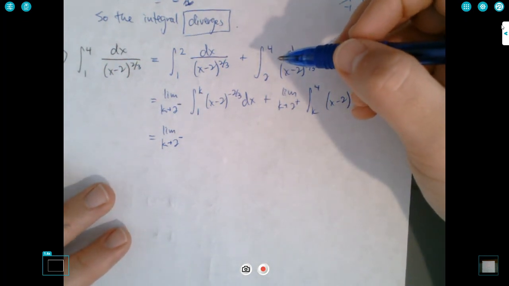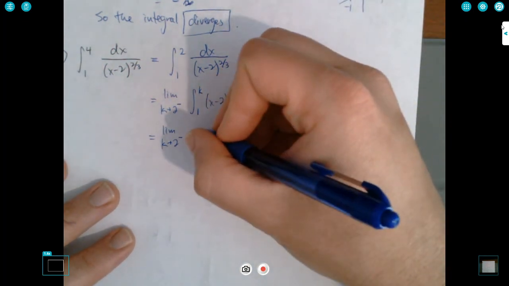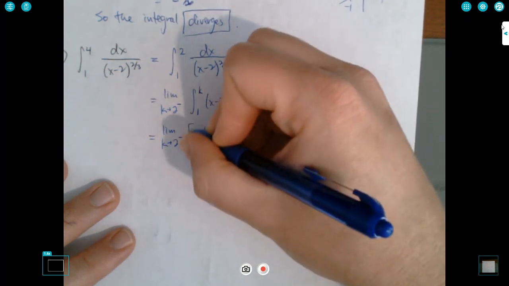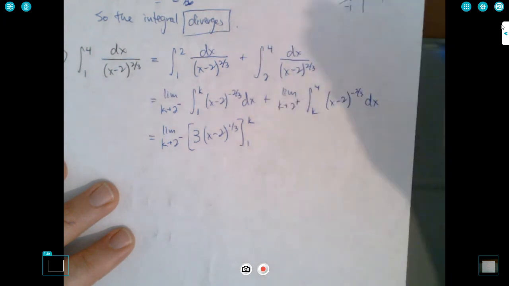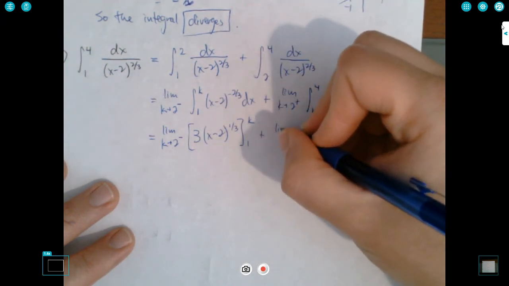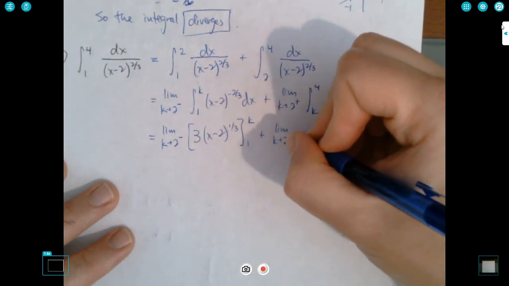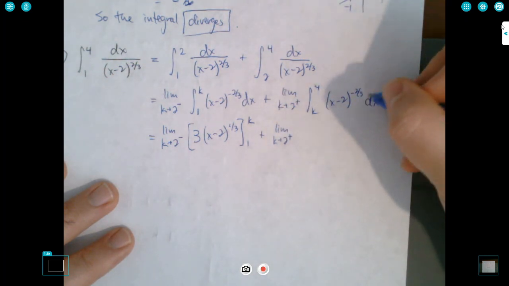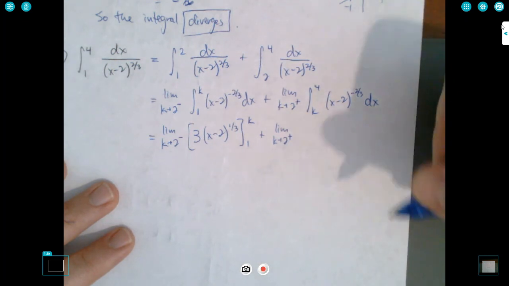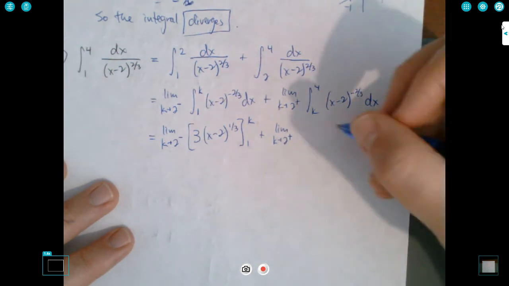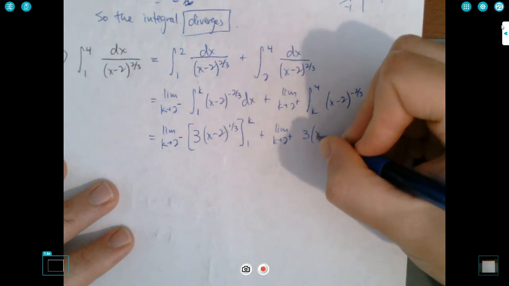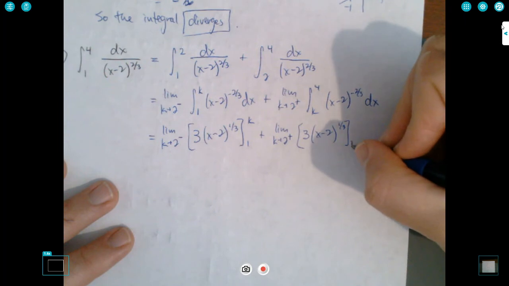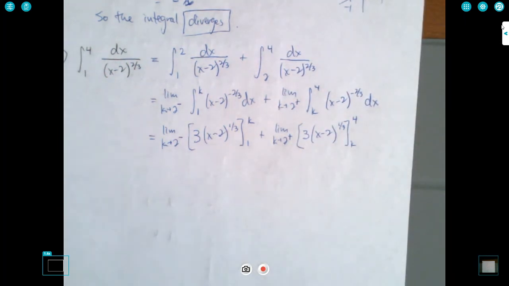So 3 times the cube root of x minus 2, I suppose, evaluated from 1 to k, plus the limit as k approaches 2 from the right of the same thing, right? You add 1 to the exponent, you get 1/3, divide by the new exponent, and that's the same thing as multiplying by 3. So 3 times (x minus 2) to the 1/3 evaluated from k to 4.